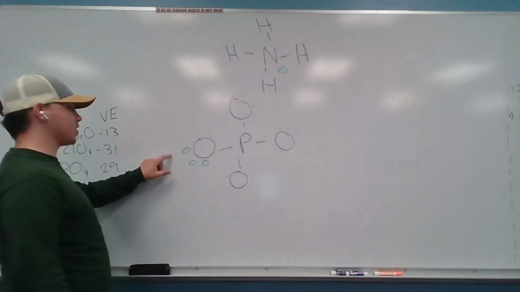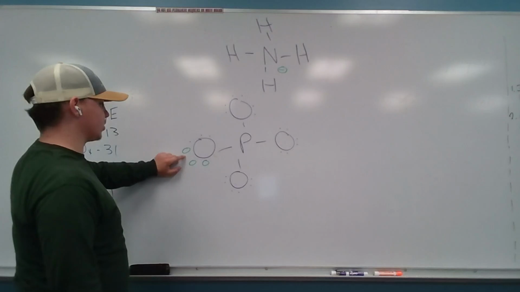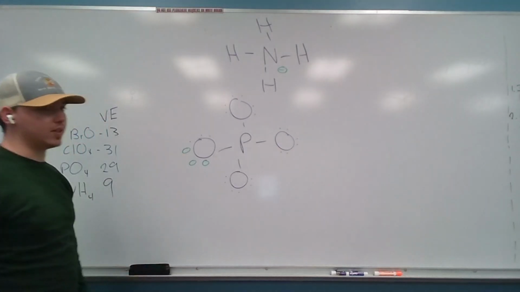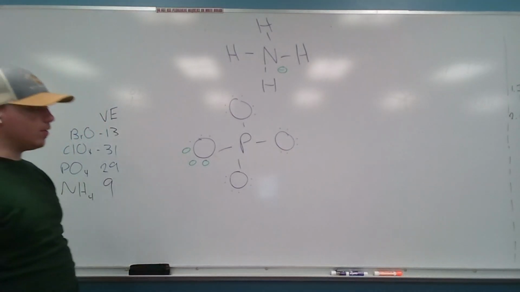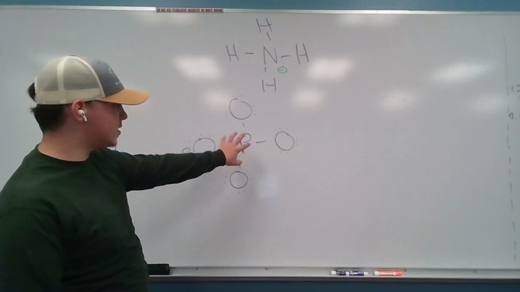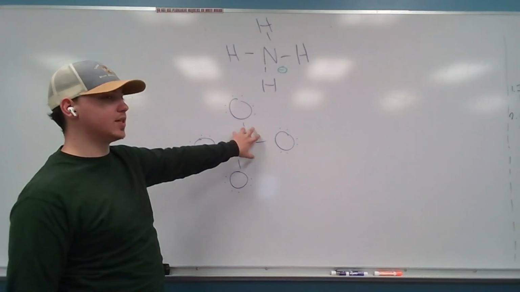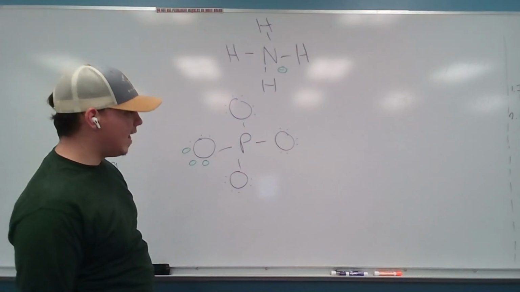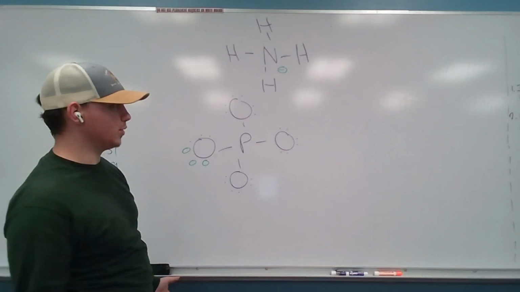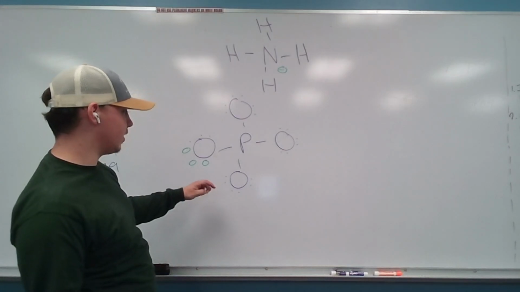So valence electrons come from the outer electrons that the elements are willing to share. However, when the center atom has problems, like when it doesn't have enough or when it has too many, that's when it's an exception to the Lewis structure, not anything else.